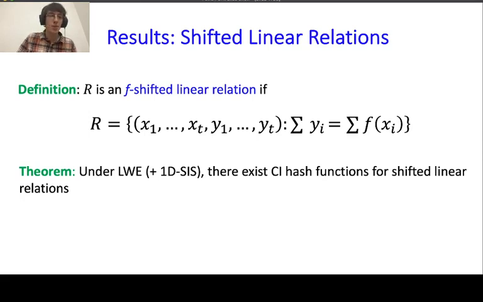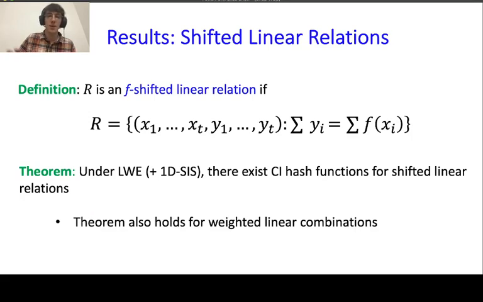And we get something a bit stronger than this, actually. You can consider versions of these kinds of relations where you're allowed to take weighted linear combinations rather than just taking a sum. So these are the kinds of relations that we can handle just from LWE.